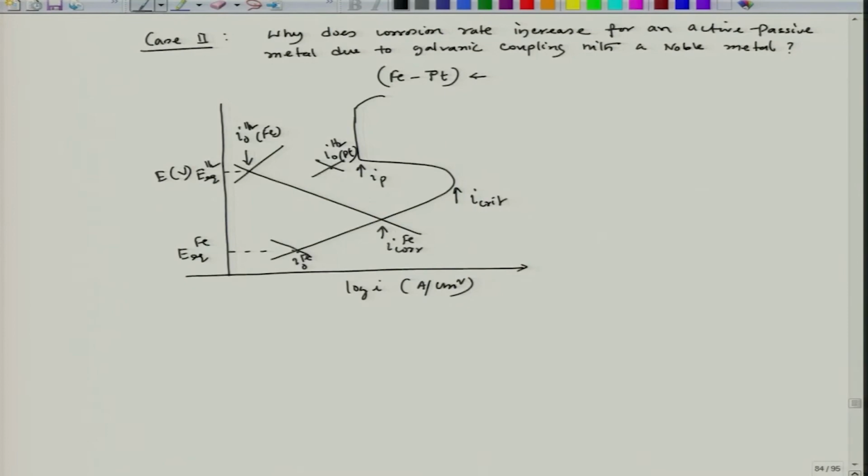The same is true here. Here also, these two points are lying wide apart, so even if we add these two current densities, because the mixed potential theory says that the total rate of the cathodic reaction should be equal to the total rate of the anodic reaction at a mixed potential, since these two current densities are wide apart and it is in log scale, that addition would be very negligibly felt.